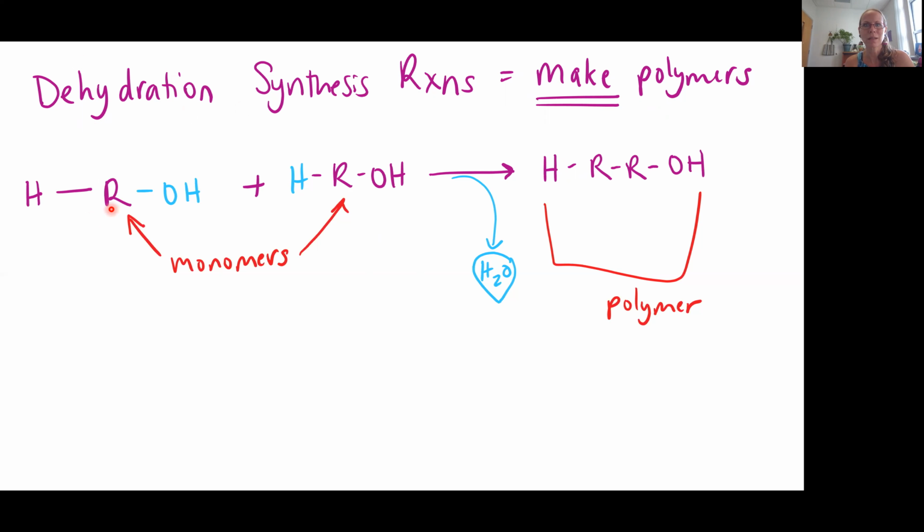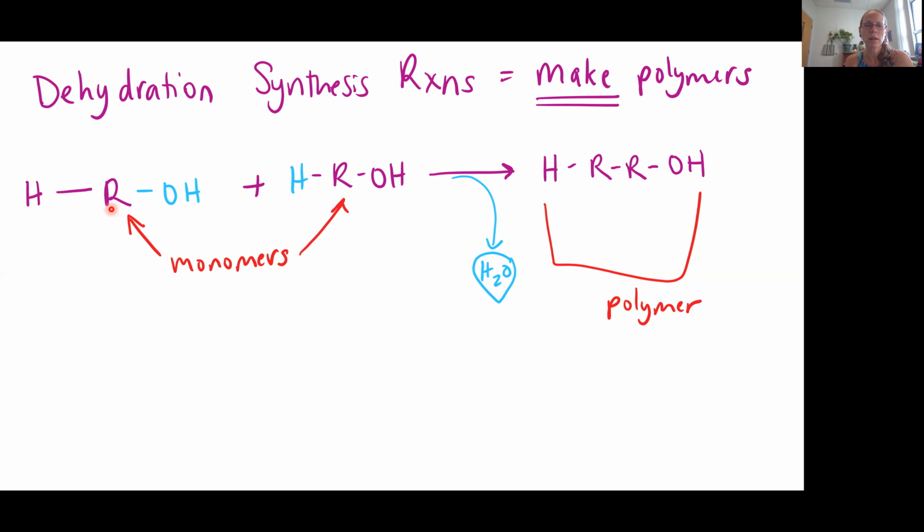This R stands for any type of monomer. It could be any combination of carbon and hydrogen and maybe oxygen. Remember, it could be really small, or really big and complex. We looked at variations in length and branching and double bonds. So that R is like in algebra when you use the X to represent any number. The R here is just a generic abbreviation.